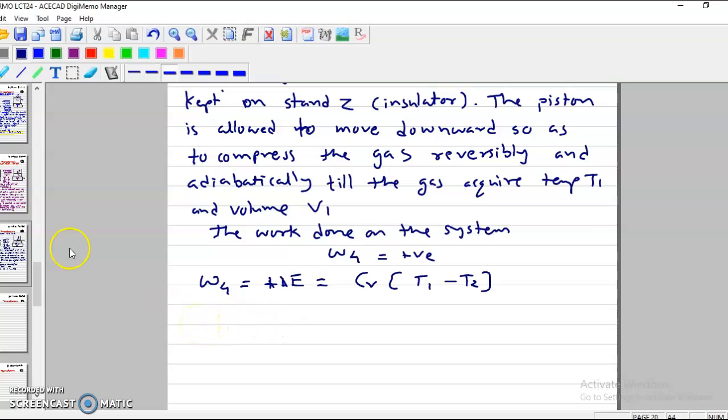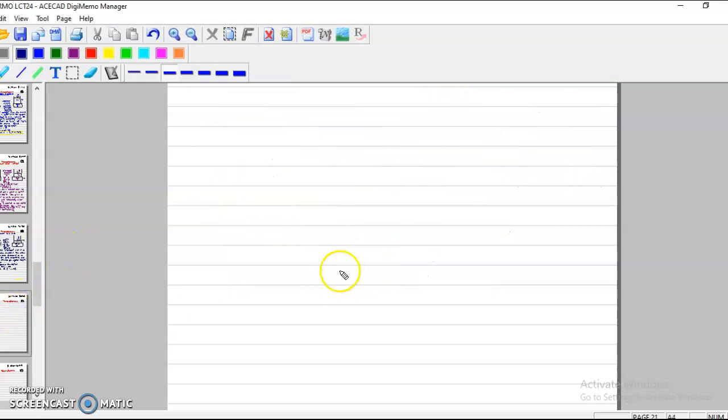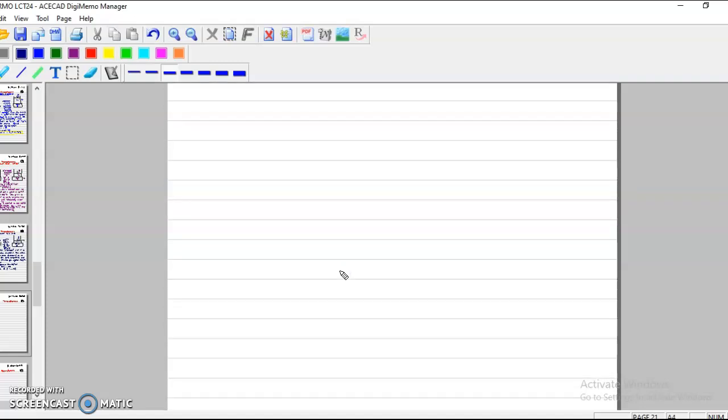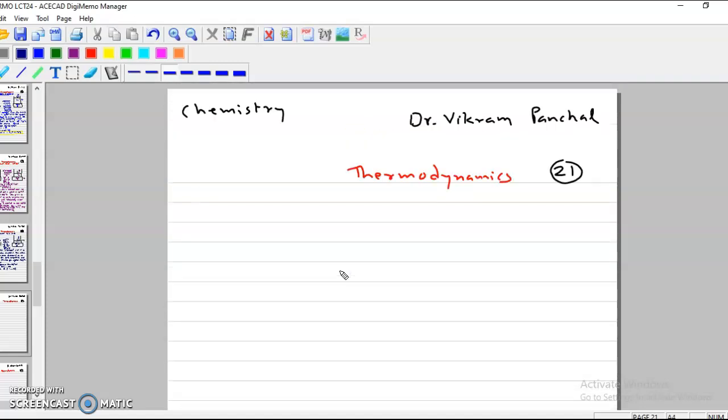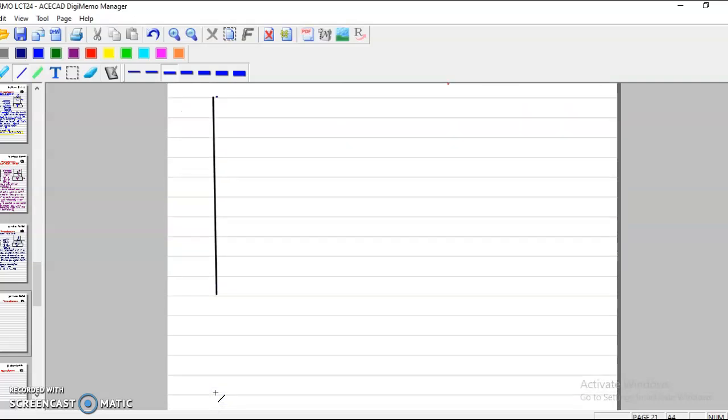Okay, now we have to see all these steps in graphical form. So let us draw a graph.